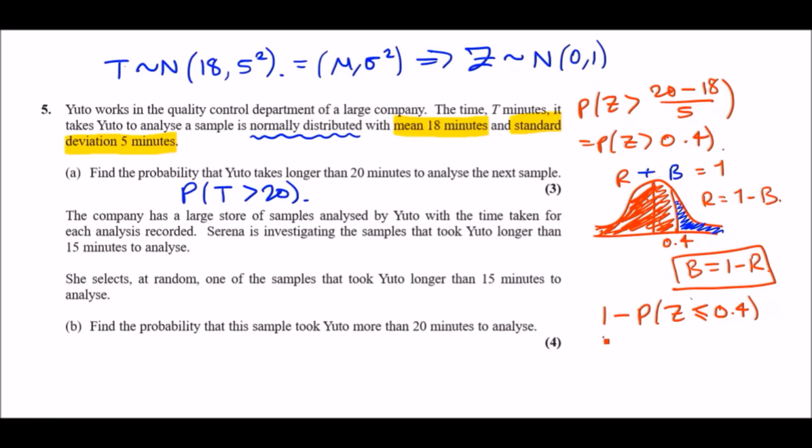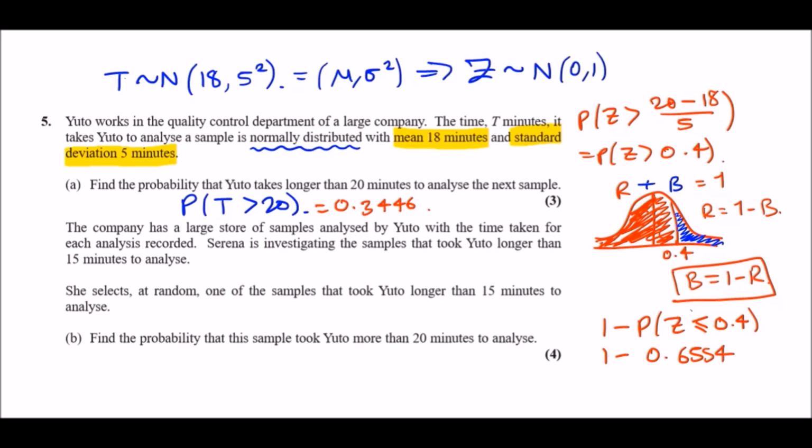So it'd be 1 minus 0.6554, and that should give you 3446. So the solution would be 0.3446. Another way you could do this, if it's greater than and you want to flip it, is just 1 minus it and then switch the sign. This is identical to that.